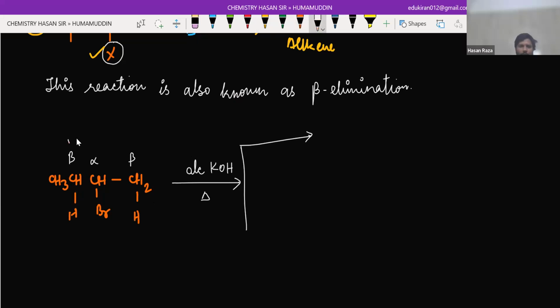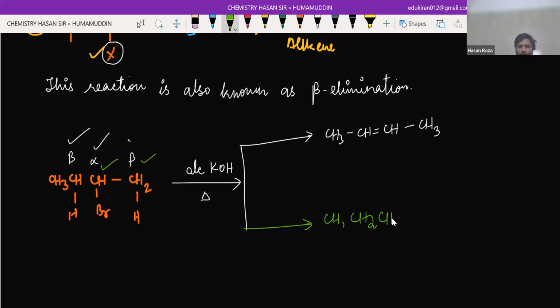If you go from this and this, you will get CH3, CH double bond CH, and then CH3. And if you remove this and this, then you will get CH3, CH2, then CH double bond CH2.